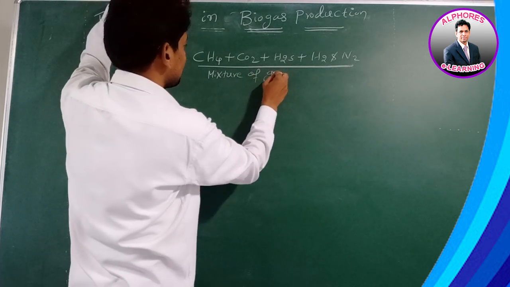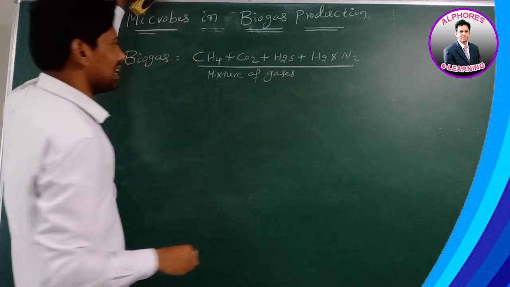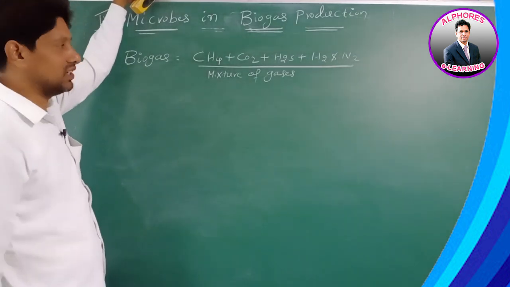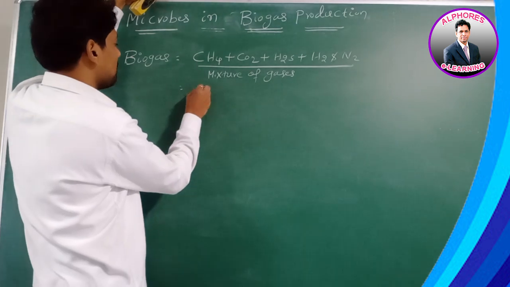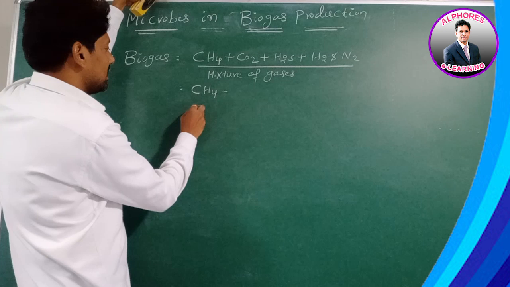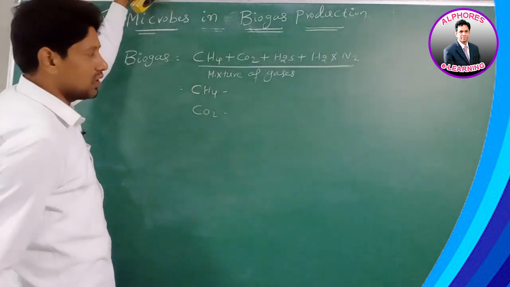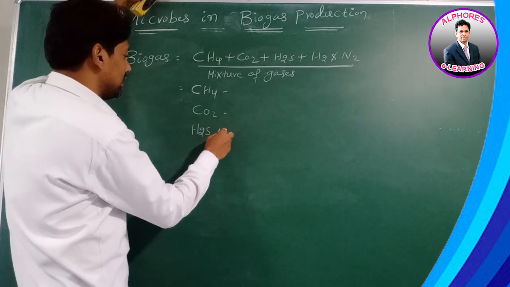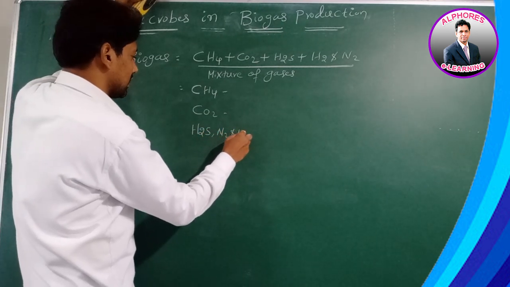Gases. Who has this mixture of gases? Biogas. In this mixture of gases, what is the percentage of methane? What is the percentage of carbon dioxide? What is the percentage of hydrogen sulfide, nitrogen and hydrogen?